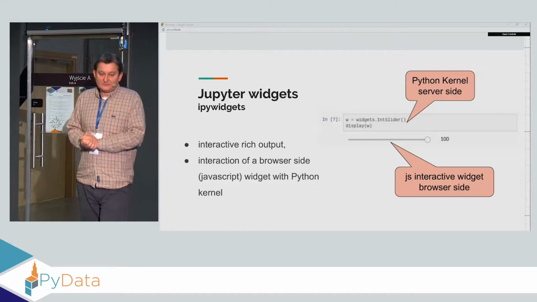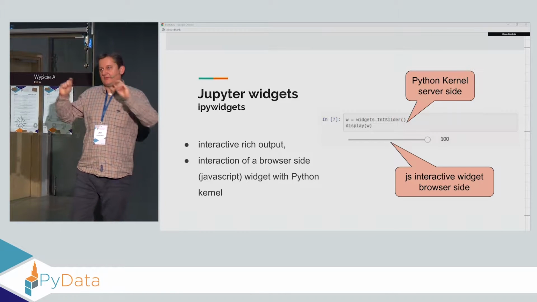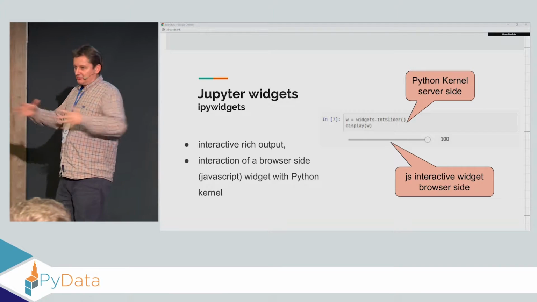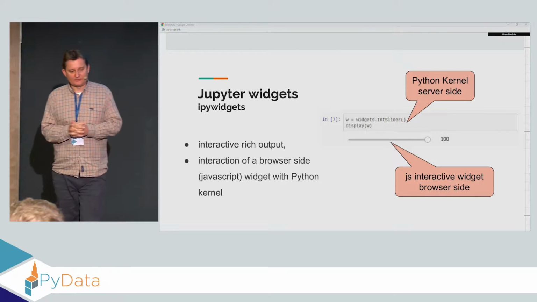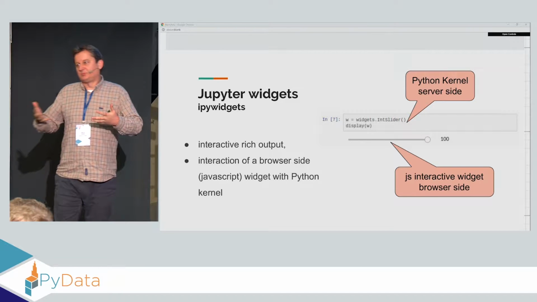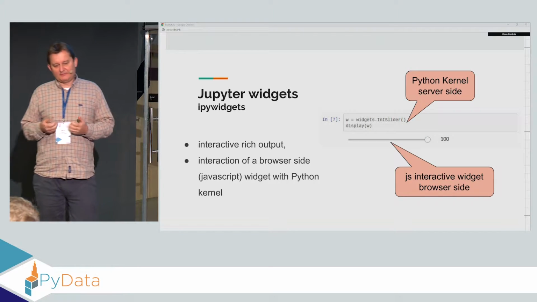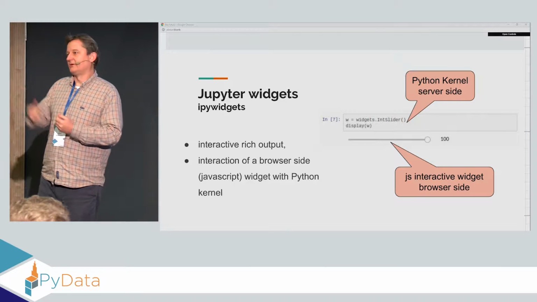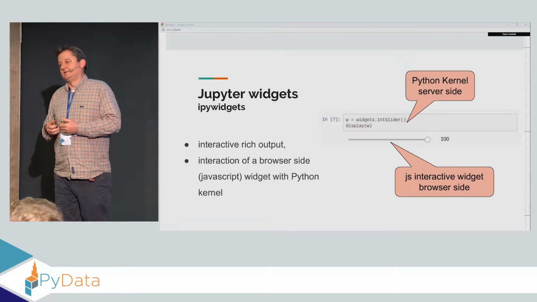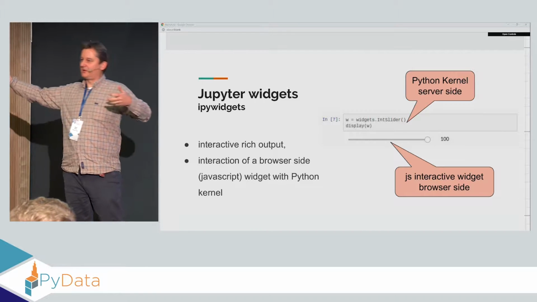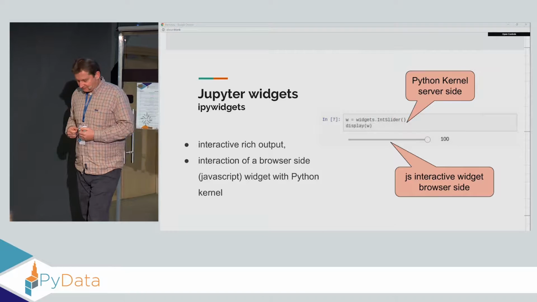Yeah. These widgets. So one element which is present in the Jupyter ecosystem and the Jupyter toolbox is widgets, which is interactive rich output, I would say in 3 words. It means that I can have something like an object on the Python side, which has a counterpart in JavaScript in the web browser world.